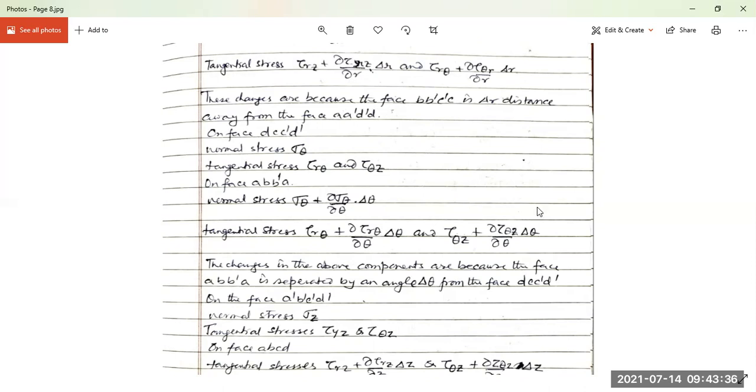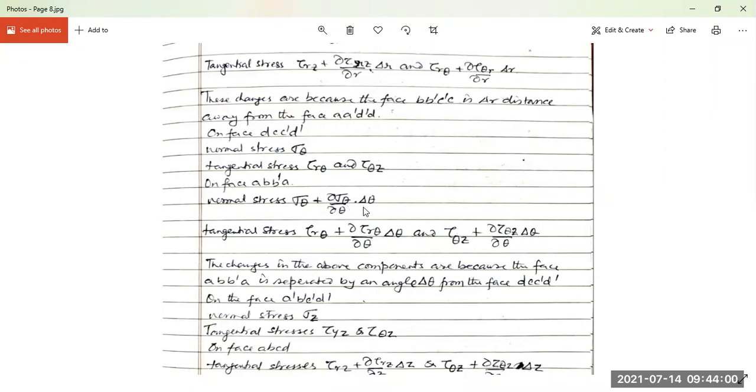let us see what is this. It is just opposite to this phase. So this angle is increased by sigma theta plus d sigma theta by d theta multiplied by delta theta, which means one phase stress is sigma theta. We are saying that according to the change in the dimension delta theta, the rate of change of this stress is d sigma theta by d theta.